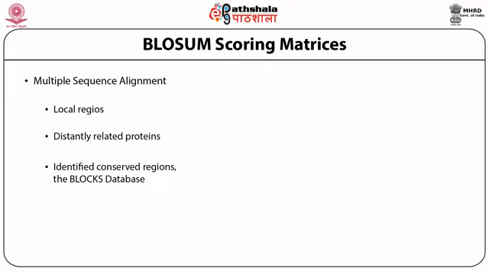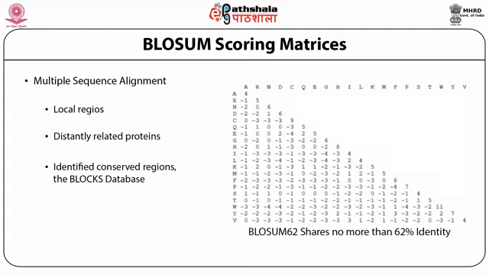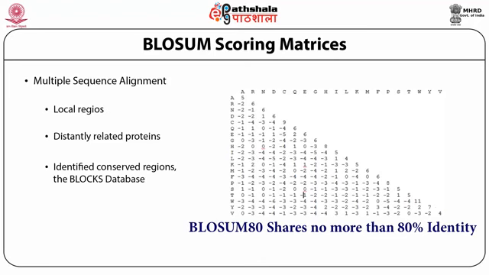BLOSUM stands for blocks substitution matrix, where identity in conserved regions is 62%. The matrix developed is called BLOSUM 62. BLOSUM 80 shares no more than 80% identity. The availability of BLOSUM 62 and BLOSUM 80 shows that we have different scoring matrices for aligning differently conserved protein sequences.